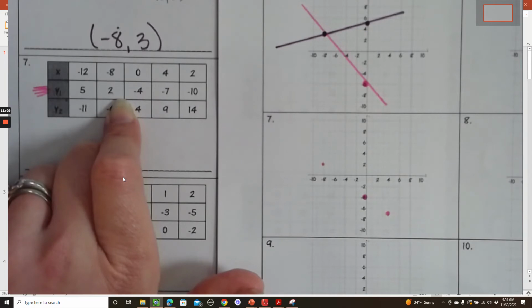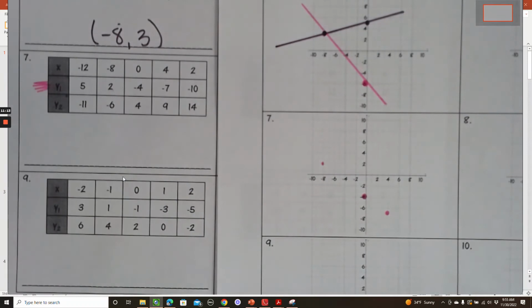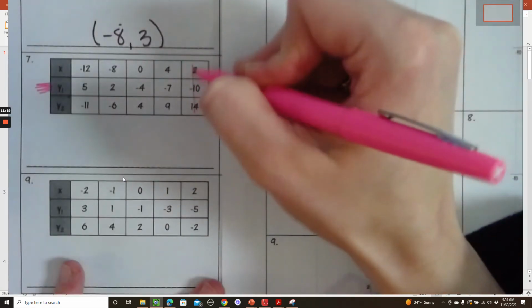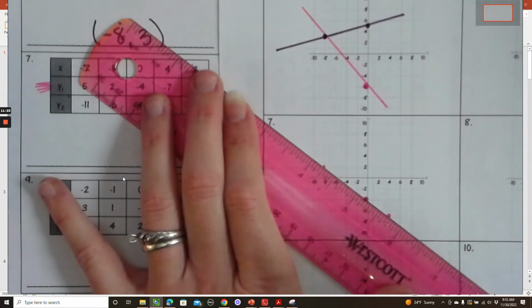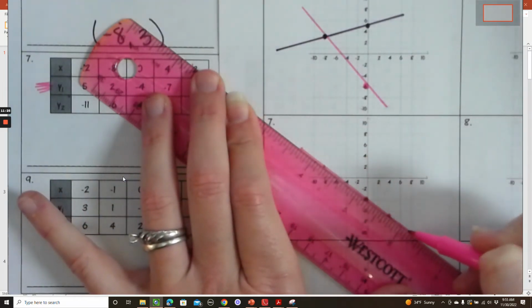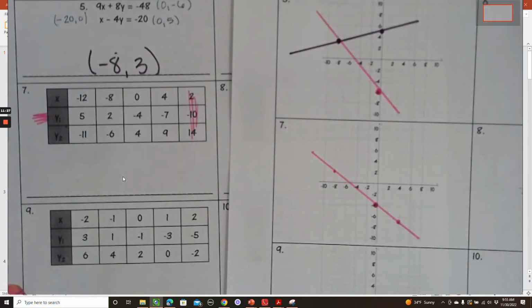Sorry, guys. Trying to find my boo-boo. Let's see. -4. Let's just leave it at that and let's graph it there. Because I think this is a wonky point. Alright, so that's that first line.